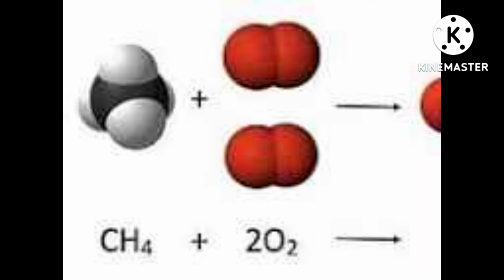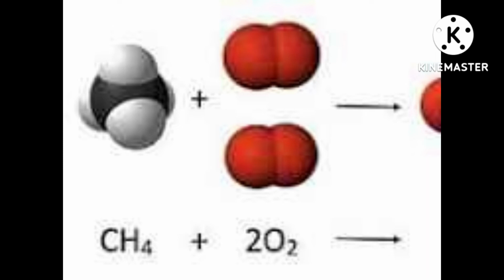Then CO2, how much gram will it give? 1 CO2 means 1 mole. 1 mole of CO2 is 12 for C plus 32, 44. It means 44 gram carbon dioxide. It is giving plus twice molecules, 2 moles of H2O.